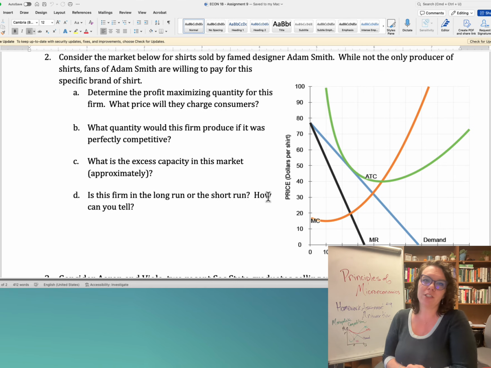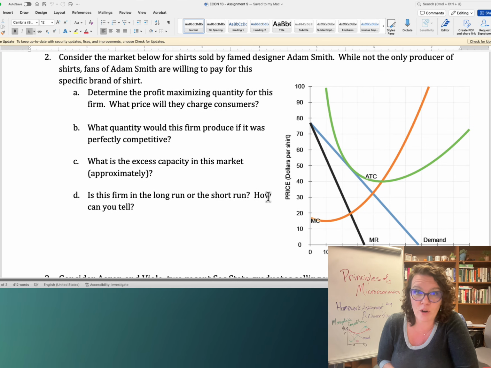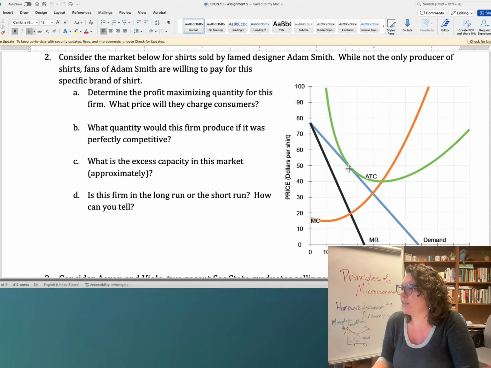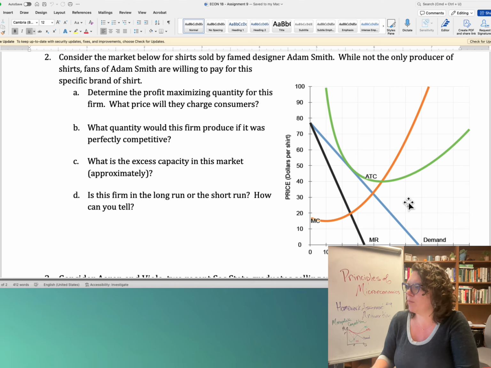So the first thing we want to do is determine the profit maximizing price and quantity. And that's going to be where marginal revenue is equal to marginal cost. So let's go ahead and insert a dot where that is, marginal revenue equals marginal cost, right here. And then what I want to do is put a line in that takes me from the quantity that marginal revenue is equal to marginal cost all the way up to the demand curve. And that's probably more in play there.